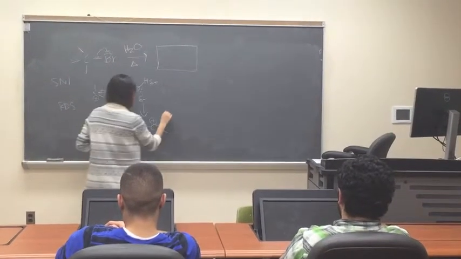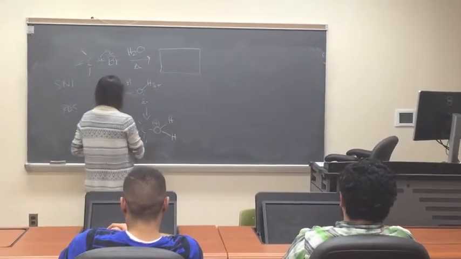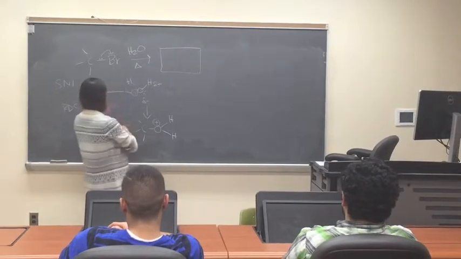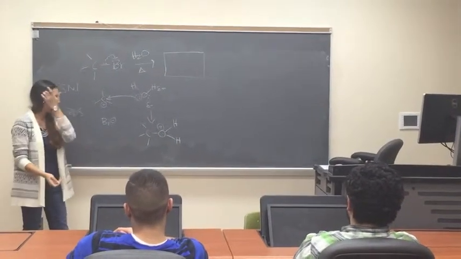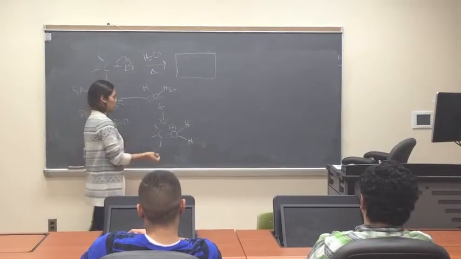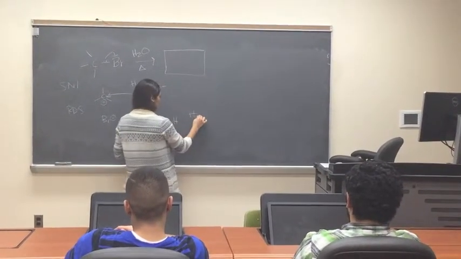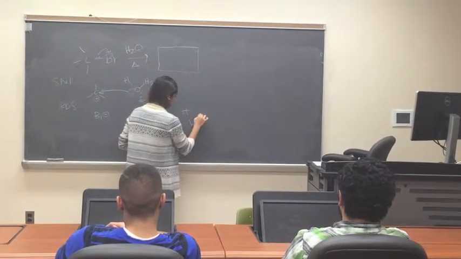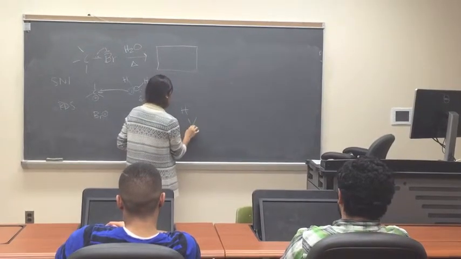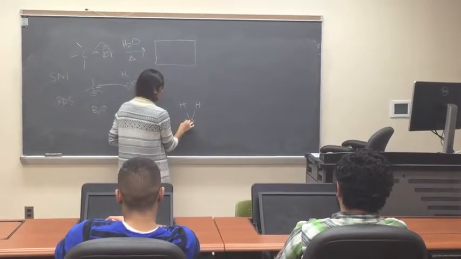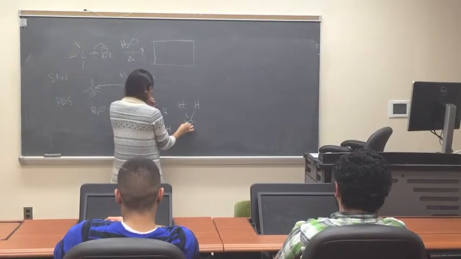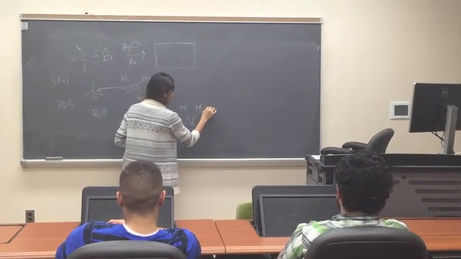And we're missing hydrogens. So now that we have this, we know that this reaction happens in a beaker, so we know that there's more than one water molecule. So we add another water molecule to be able to stabilize better, which again has a lone pair, partially negative, partially positive.